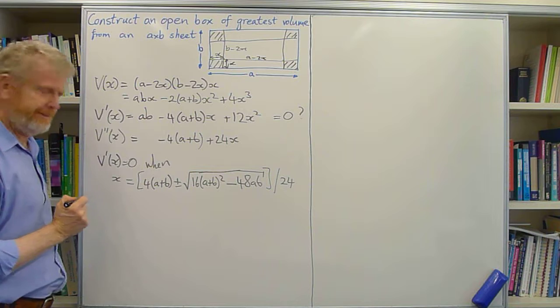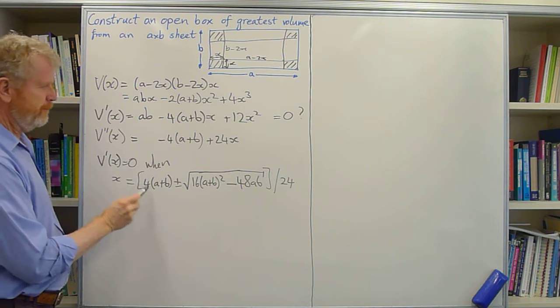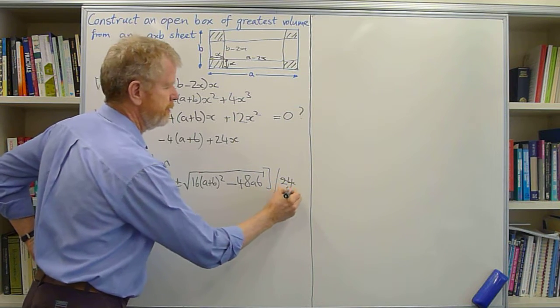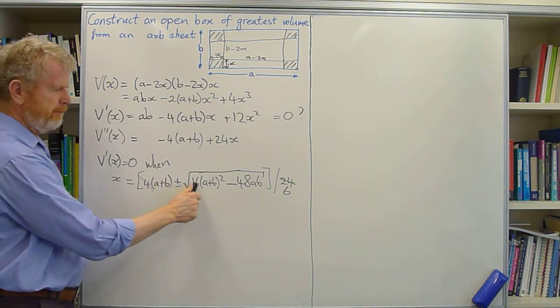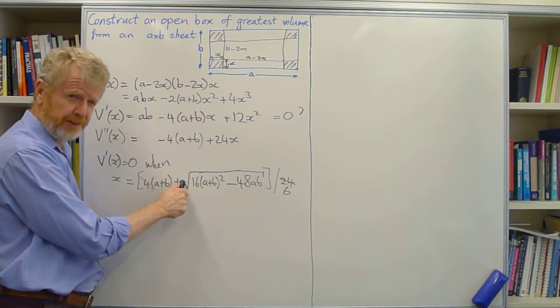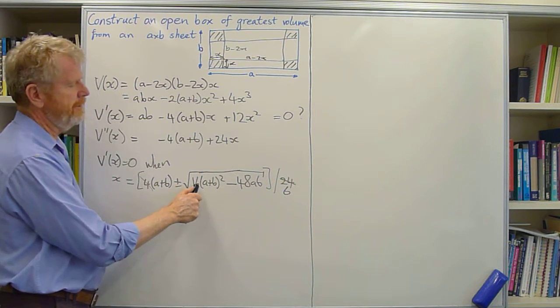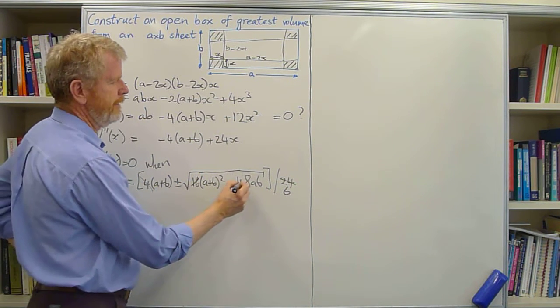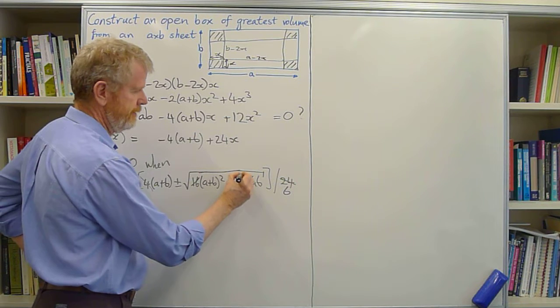Okay, we can simplify this. There's a factor of 4 that we can cancel. 4 into 24 goes 6. But we also need to cancel out a 4 from this square root. And 4 outside the square root becomes a 16 inside the square root. So that cancels with that one. And 48 divided by 16 is 3.